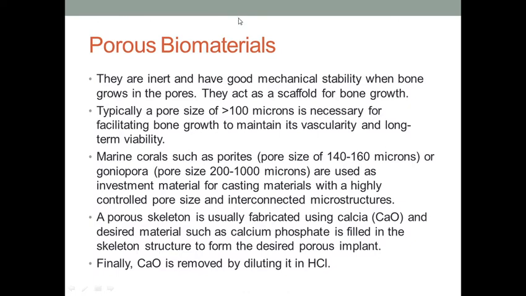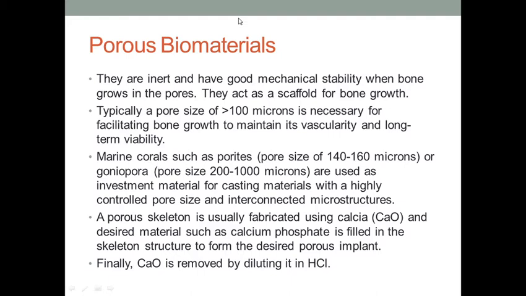So once this scaffold is already used, a porous skeleton is usually fabricated using calcia, which is calcium oxide, and desired materials such as calcium phosphate is filled inside the porous skeleton. So now, once the skeleton is completely filled with calcium phosphate, you have your implant ready.